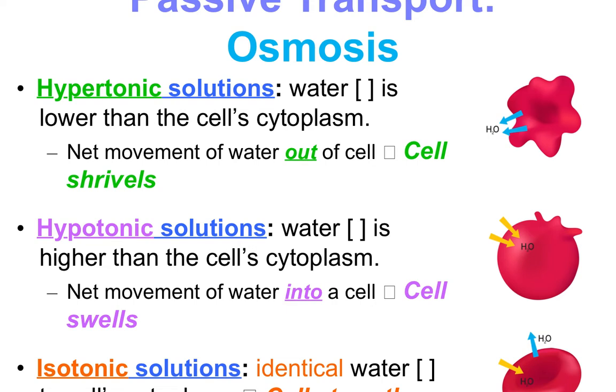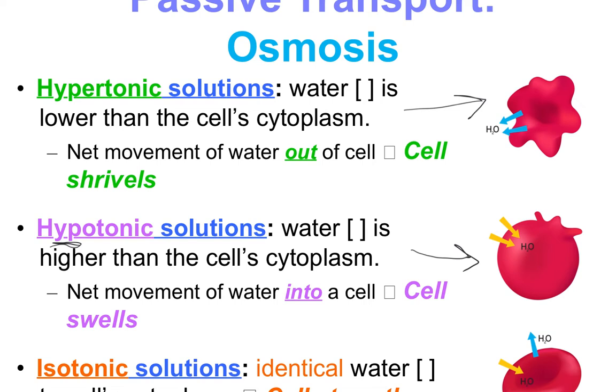Blood cells are hypertonic, where water is lower than the cell's cytoplasm concentration. And so we see this net movement of water out of the cell and the cell shrivels up. Hypertonic. Or cells can be in a hypotonic, where water is at a higher concentration than the cell cytoplasm.